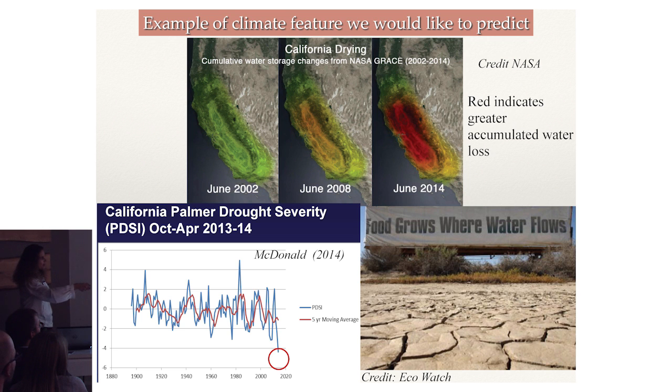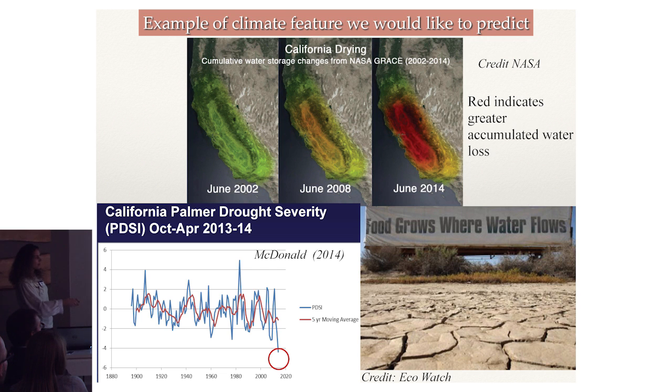Here from green to red is the decline in accumulated water storage. This is one of the areas where the US gets most of its water, so it's really important for management. Between 2011 and 2014, there was a really big water loss.